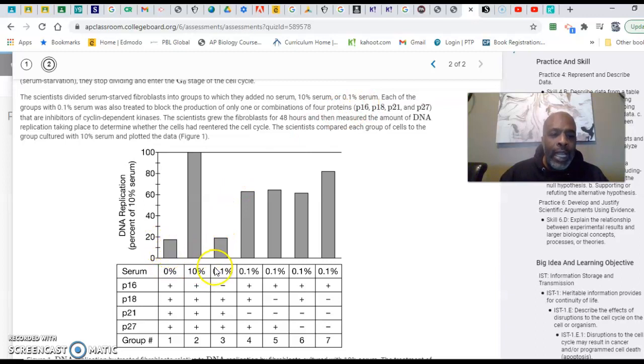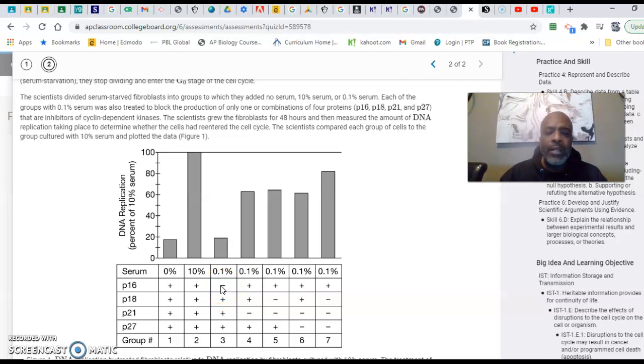The absence of P16 is just the normal state when cells are in the G0 phase with a lack of serum, and you're getting about 20% DNA replication. So P16 is really having no effect on this whole process.